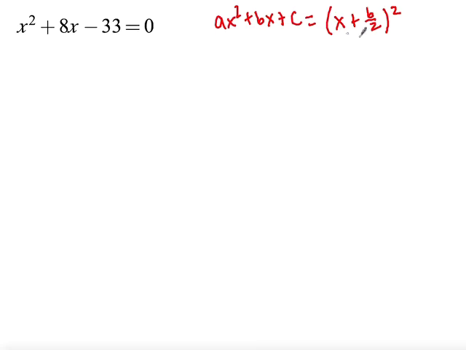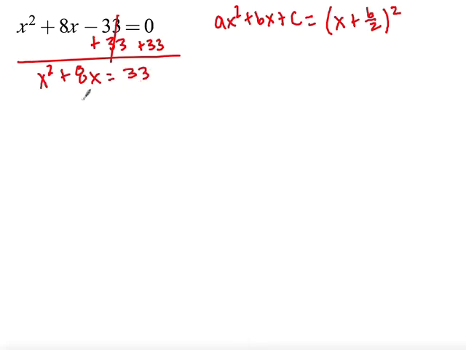So this is what I'm looking for. So I'm going to start with making sure that I've got an a that's 1 and making sure that I move this constant to the other side. So my a is good. I'm going to move this 33 to the other side by adding it to both sides. That'll cancel, and I'll have x squared plus 8x equals 33.